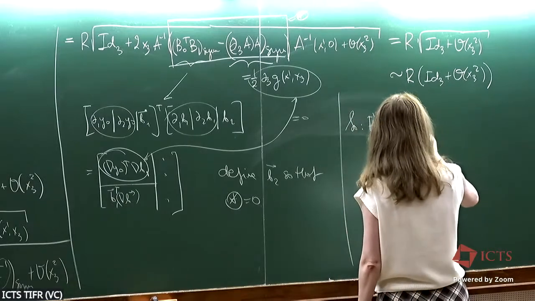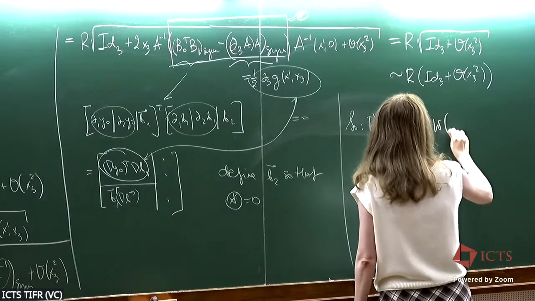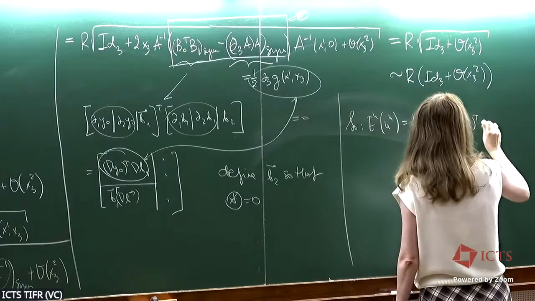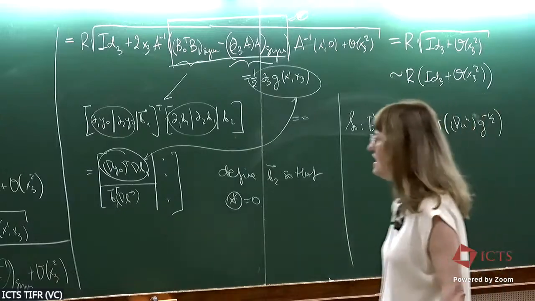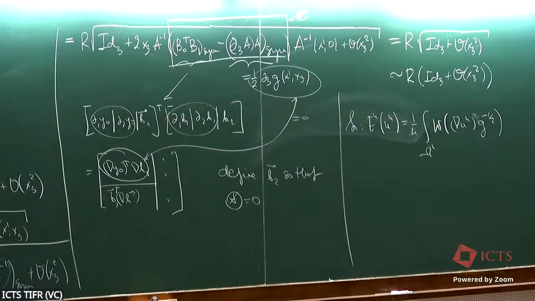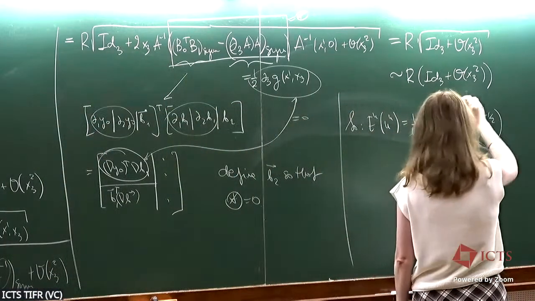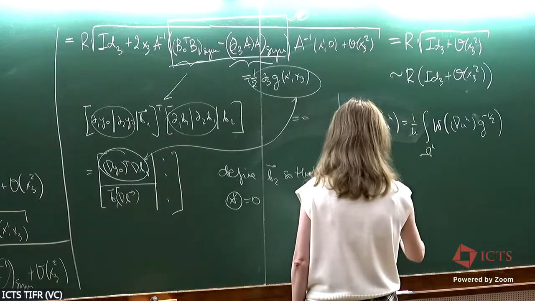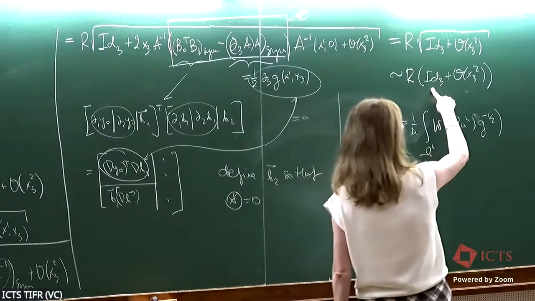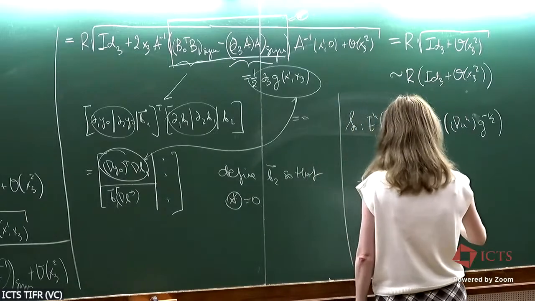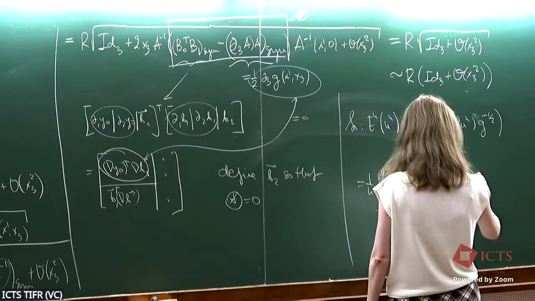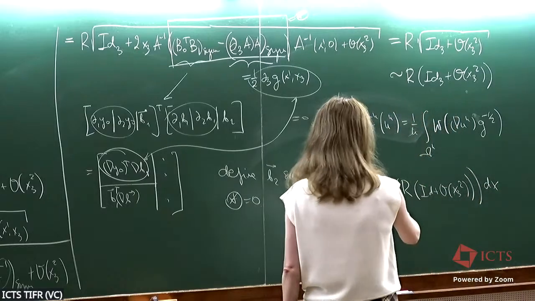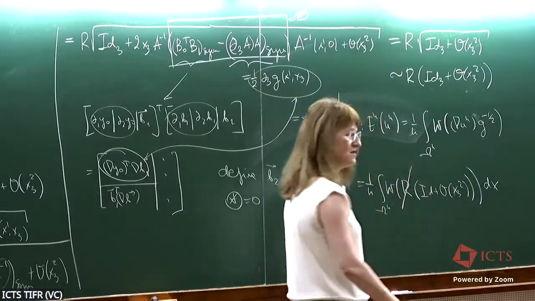I remind you, it is 1 over h integral on omega h of W of gradient u_h G inverse 1/2, right? That's our definition. And I've calculated gradient u_h G inverse 1/2, which comes to this. So that's 1 over h integral omega h of W on rotation times identity plus something of order x3 squared. Of course, W is frame invariant, so this rotation doesn't matter.